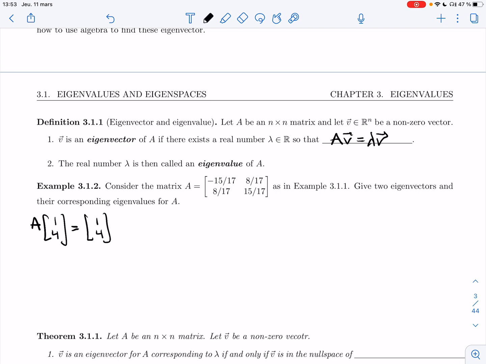And so A times V equals V, I could put a 1 here. So (1, 4) is an eigenvector with eigenvalue lambda equals 1.